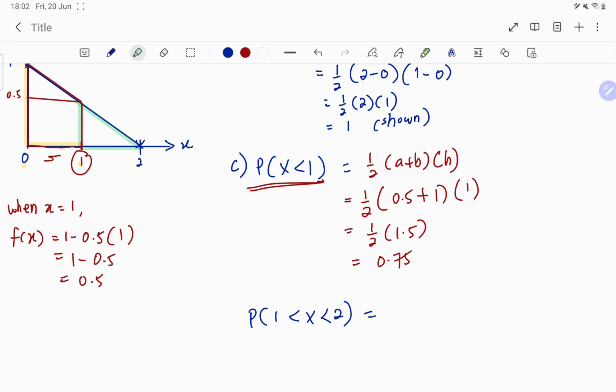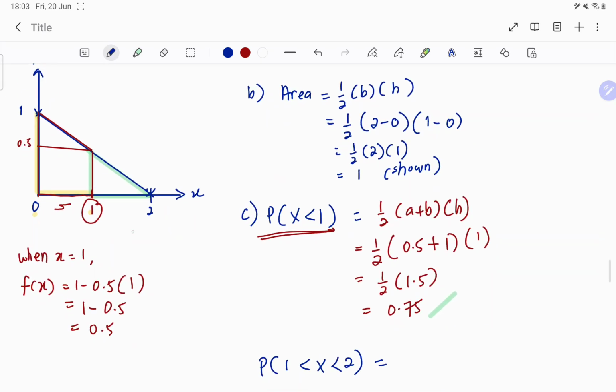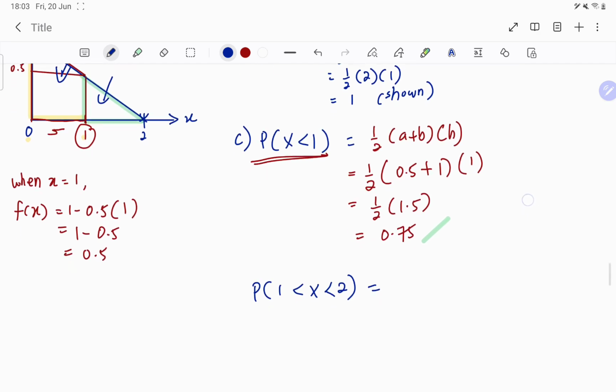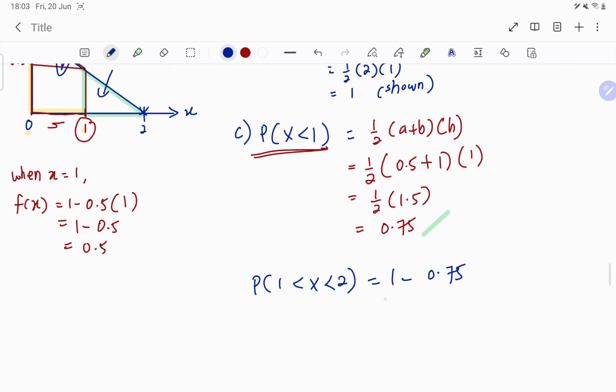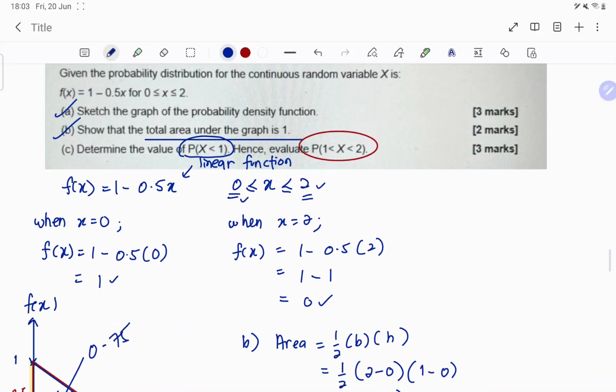Actually, you can just use the probability of x less than 1. Because the total area for this graph is 1, since it is a PDF function and we calculated the total area already. We got 0.75 for the other part, so to find the green side you just need 1 minus 0.75, which is 0.25. That's it. So settle question C.